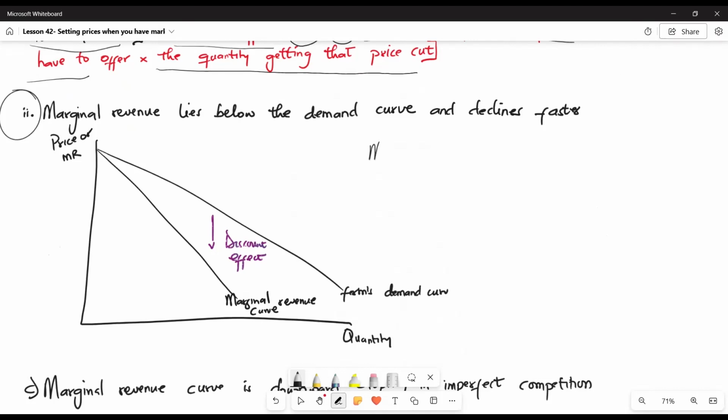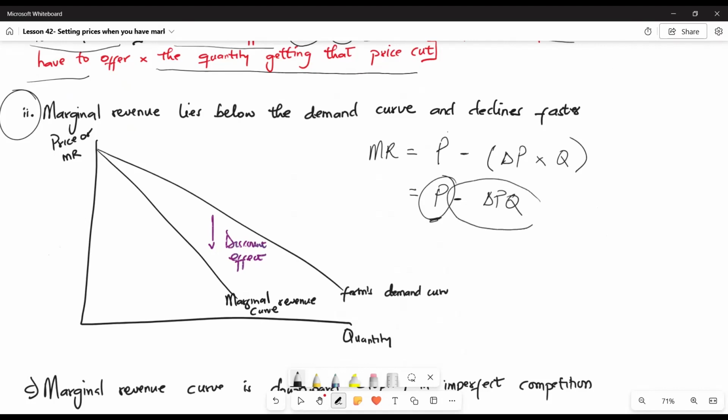So we see that the marginal revenue curve represents two things: the price that you get, which is the output effect, minus the discount effect, which is the change in price times the quantity. So if we expand this, we have price minus the change in price multiplied by the quantity. So the marginal revenue is always going to be lower than the price because of this discount effect.